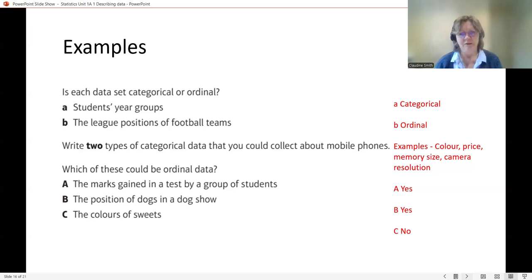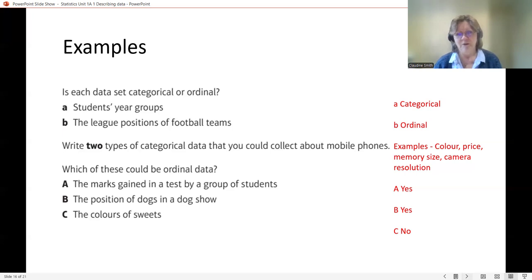And for the last question about ordinal data, the marks gained in a test by a group of students could be ordinal data because you could rank the students from highest scoring to lowest scoring or lowest scoring to highest scoring, for example. And B, the position of dogs in a dog show could be ordinal data.